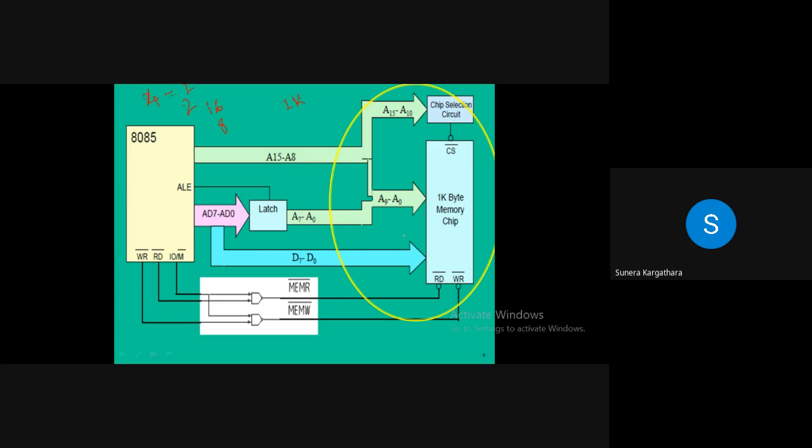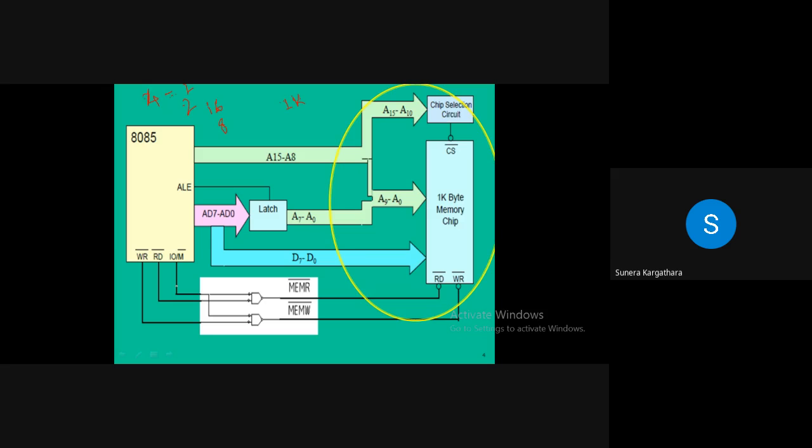Now because you are interfacing RAM with your microprocessor, the memory read bar and memory write bar signals should be connected between your microprocessor and your memory. Since it is RAM, we know that both reading and writing must be done, because you are reading memory.